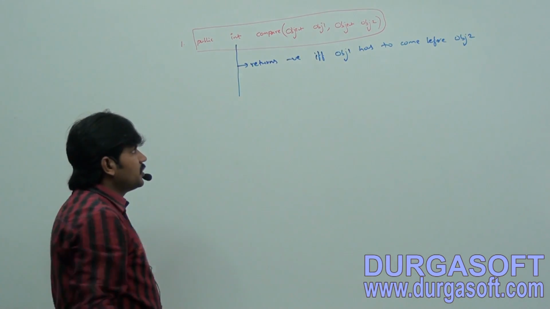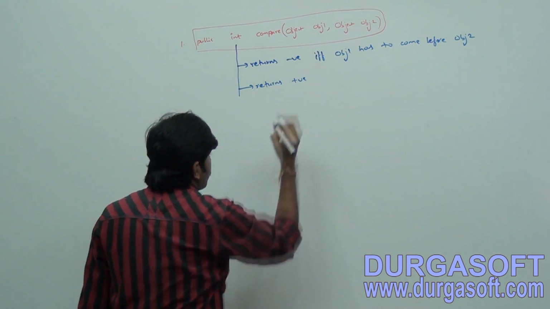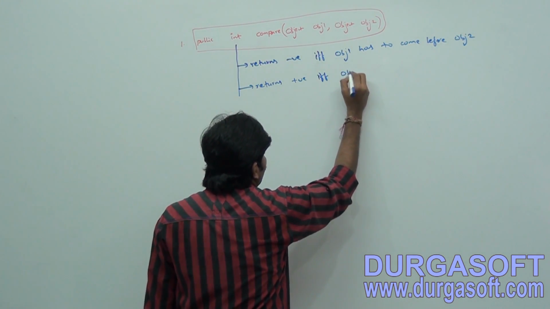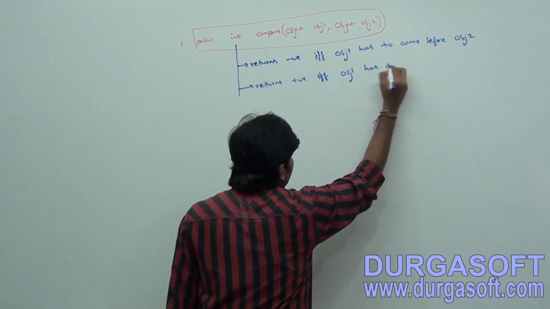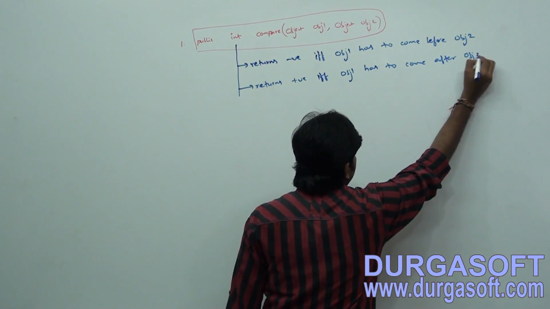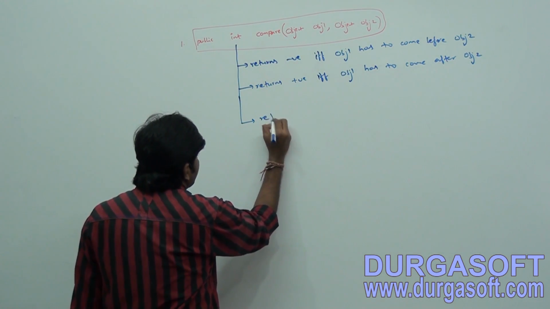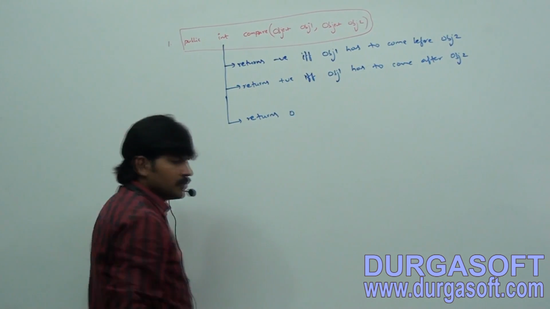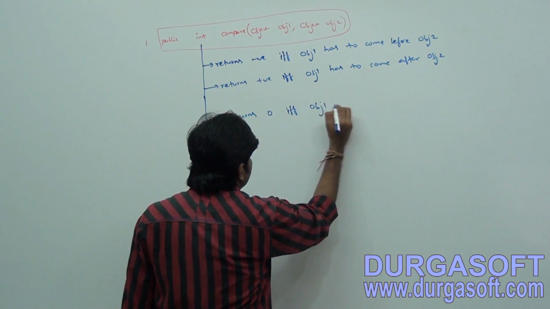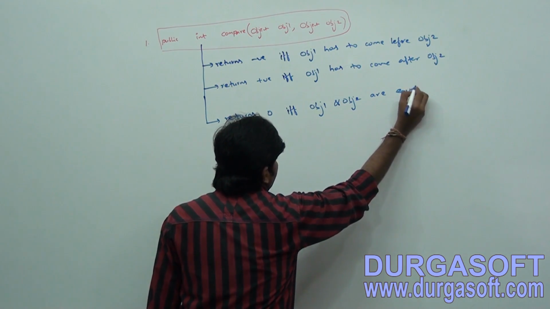It returns a positive number if and only if obj1 has to come after obj2. It returns 0 if and only if obj1 and obj2 are equal.